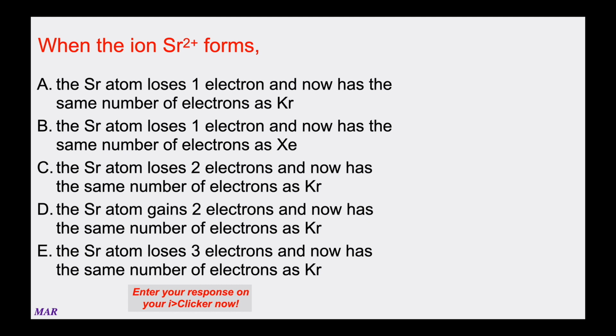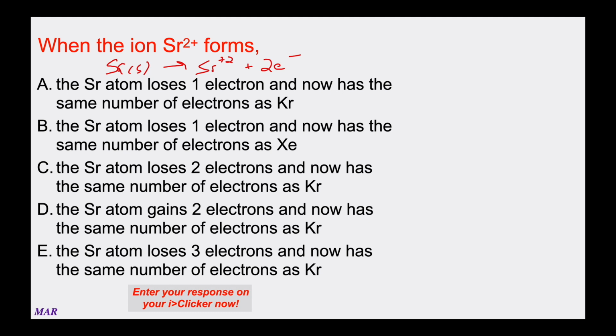And if you make a +2 ion, you are going from neutral strontium, just Sr, which is a metal, if you look on the periodic table, to strontium with a +2 charge, and those 2 electrons are kicked out. Now remember, in neutral strontium, 38 protons, 38 electrons, that's what neutrality is.